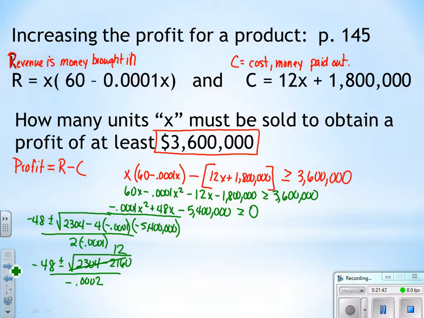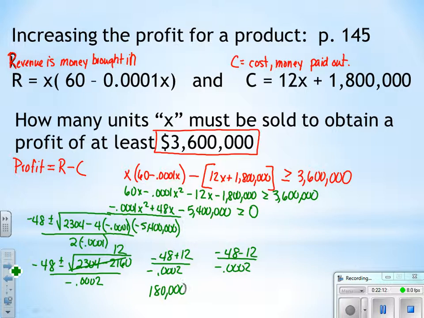So let's take our negative 48 plus 12 and our negative 48 minus 12 and find those numbers. Negative 48 plus 12 is negative 36. Divide it by the negative 0.0002, and we're going to get 180,000.